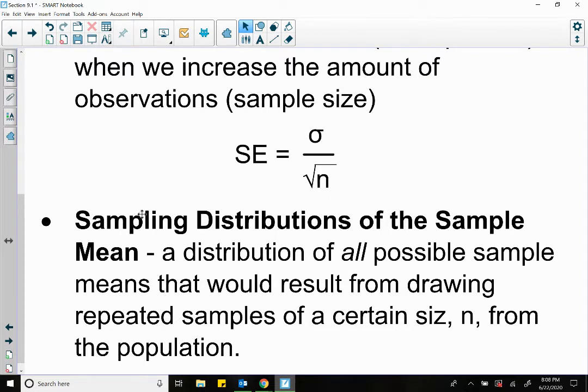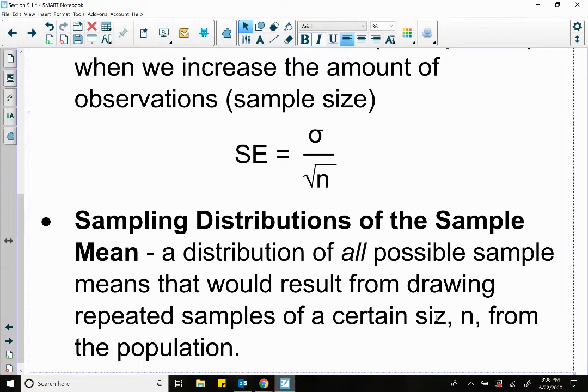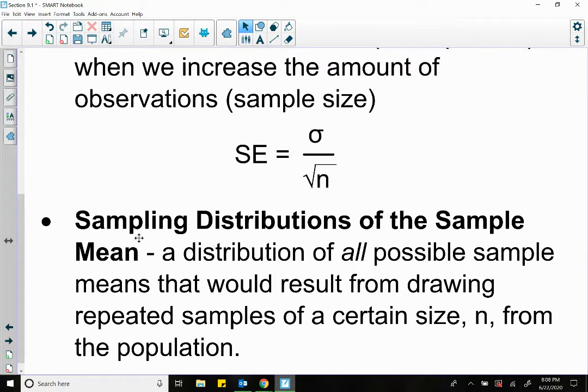When you see something talking about a sampling distribution, we're talking about the distribution of all possible sample means that would result from drawing repeated samples of a certain size n from the population. So whenever you hear me say sampling distribution, I'm talking about a sampling distribution of the mean.